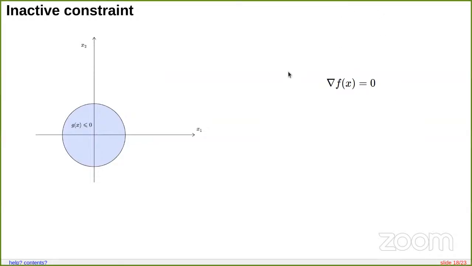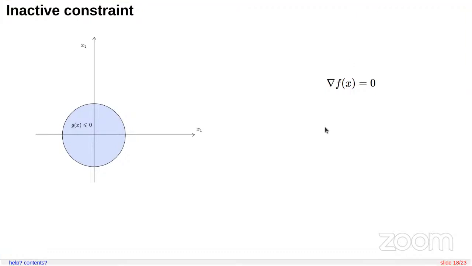Here our constraint and our function completely overlap. So having this constraint is not really changing the optimum of the unconstrained problem. Our optimum lies inside the feasible region. The optimum of the unconstrained problem, 0, 0, already lies inside the feasible region. So in that case, we call this constraint inactive.